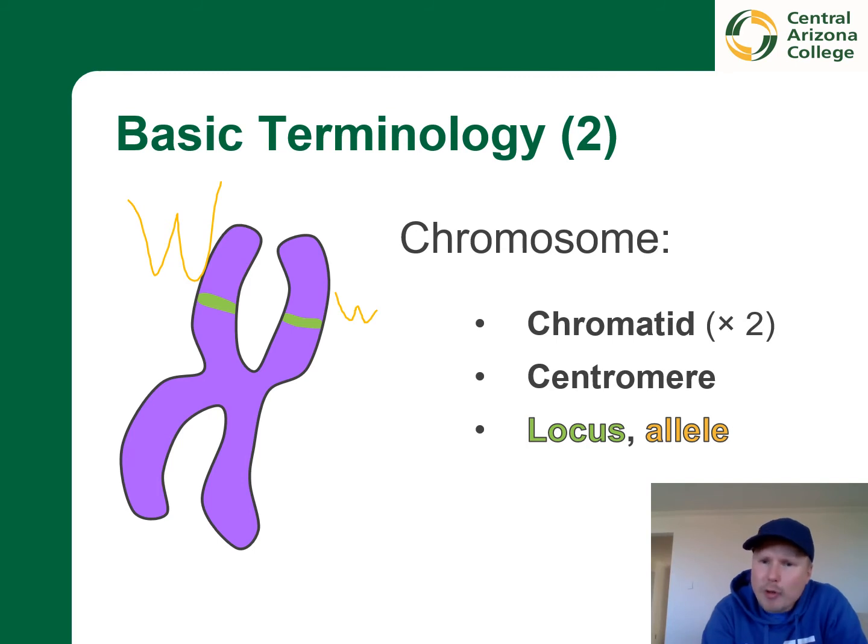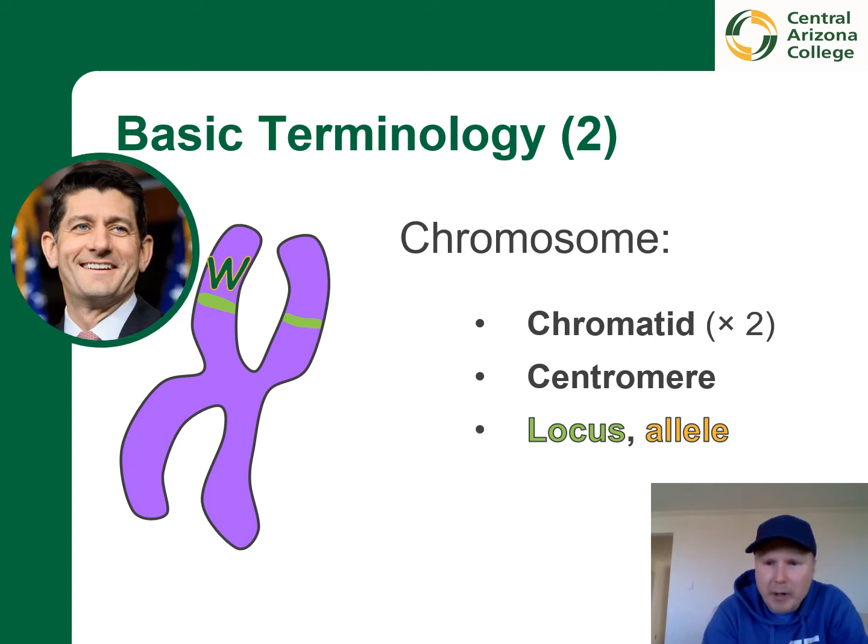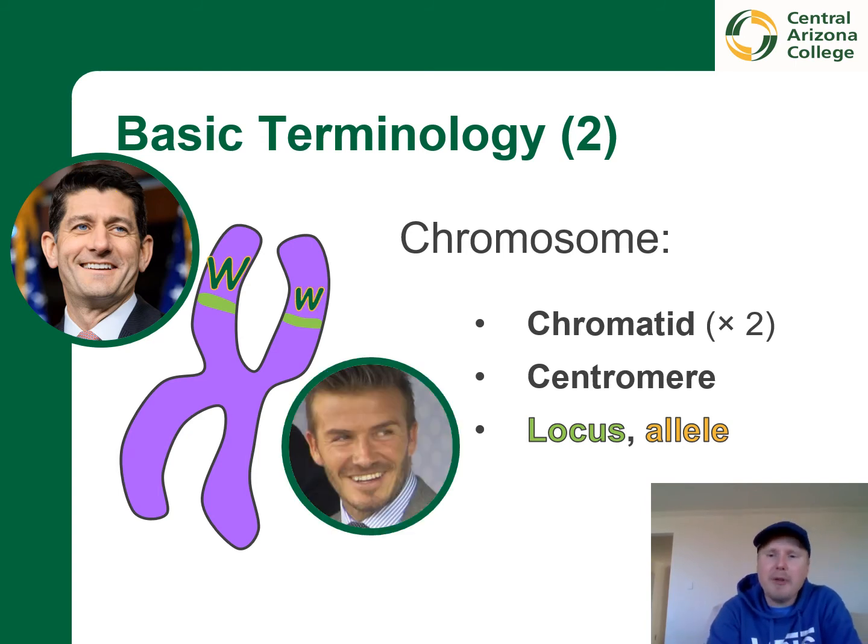So we can have a trait, and for example, let's say that is whether your hairline has a widow's peak, like former speaker of the House, Paul Ryan had. Notice this sharp triangular appearance of the hair right at the front. Or if you have a straight hairline, like soccer player David Beckham has.